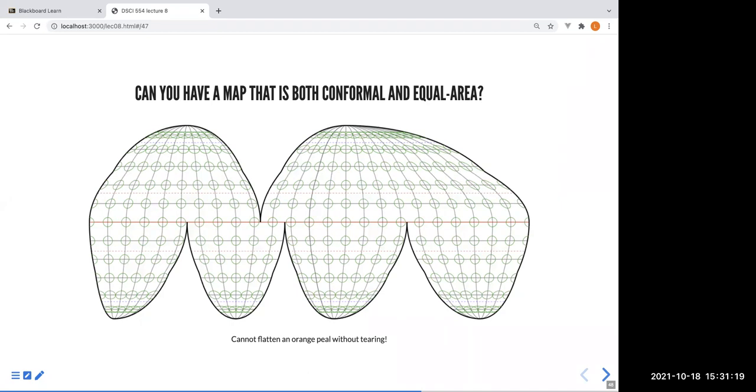So these circles, they look like circles all over the place, right? But then we need to cut the orange peel to allow this so that we can put it in the 2D plane. Right? So we cannot do both conformal and equal areas. It's not possible.